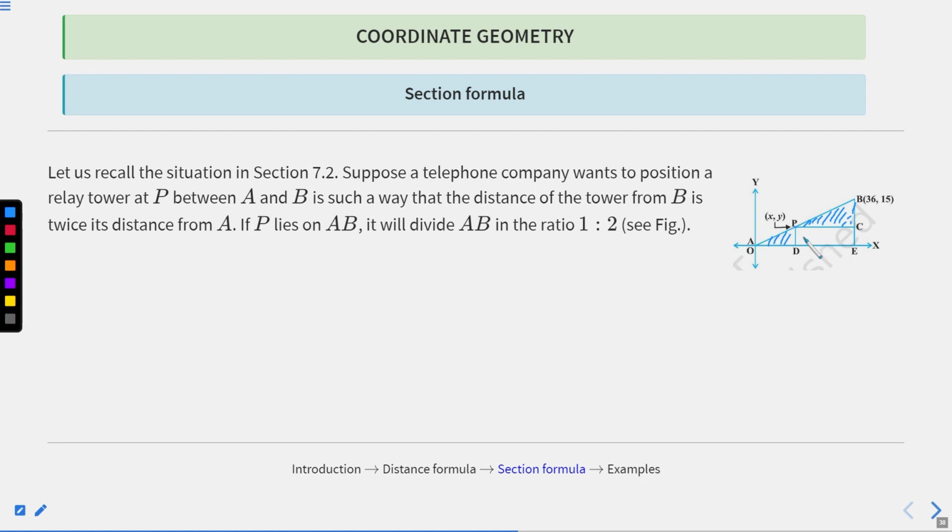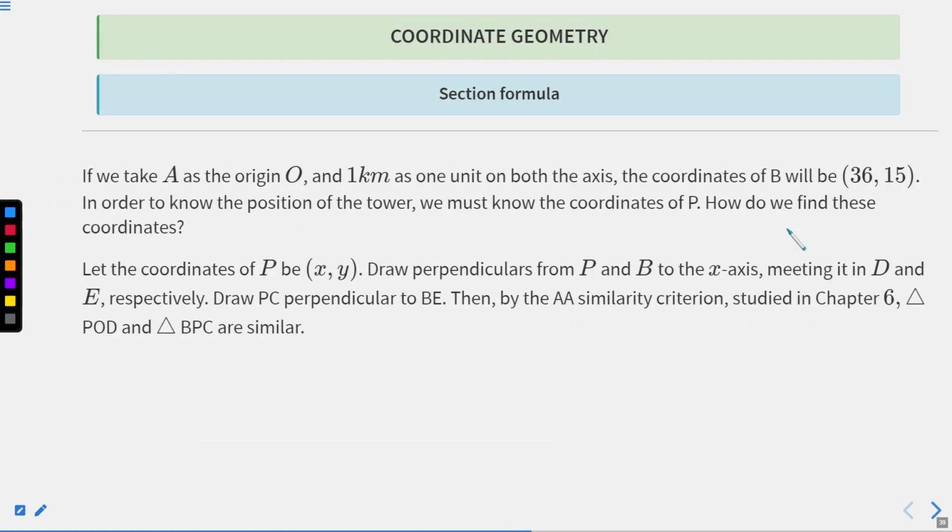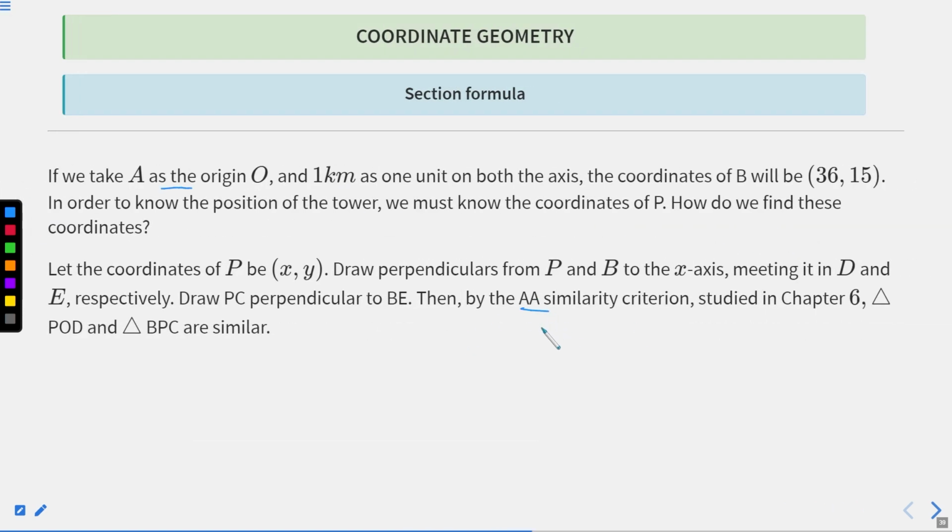Why? By using the angle similarity criteria, here we can say these two triangles are similar.